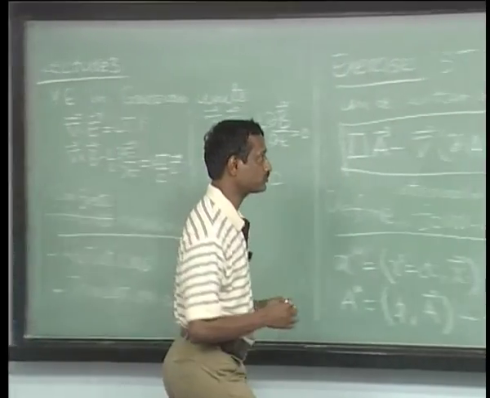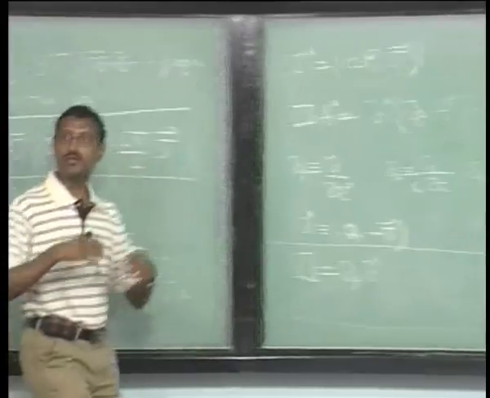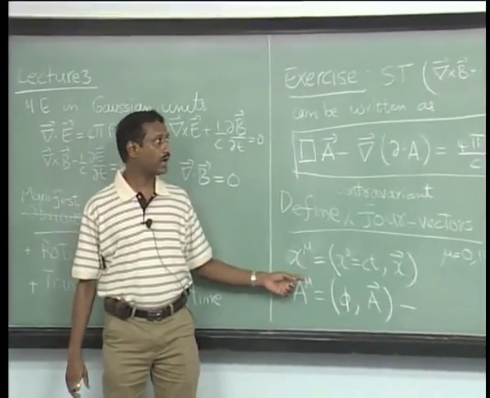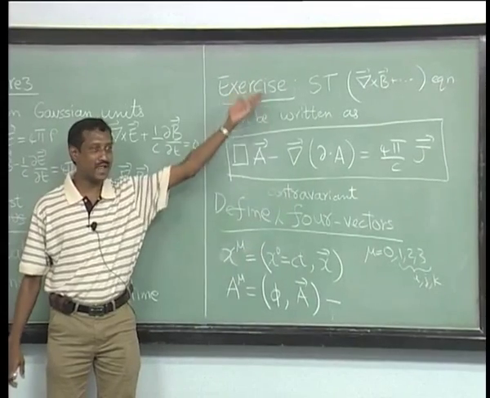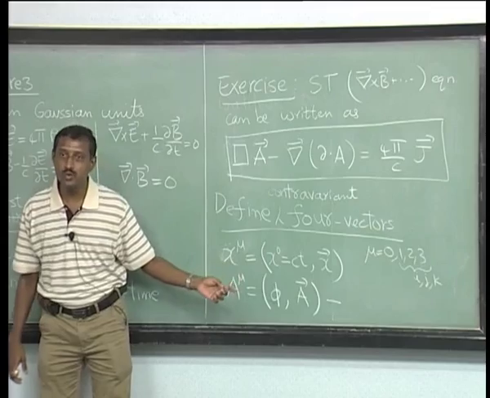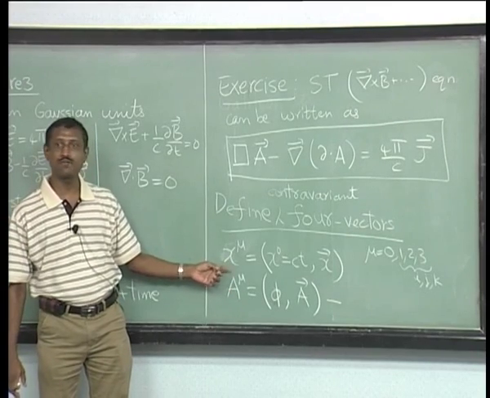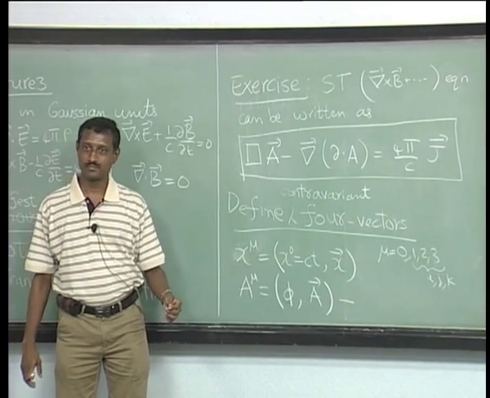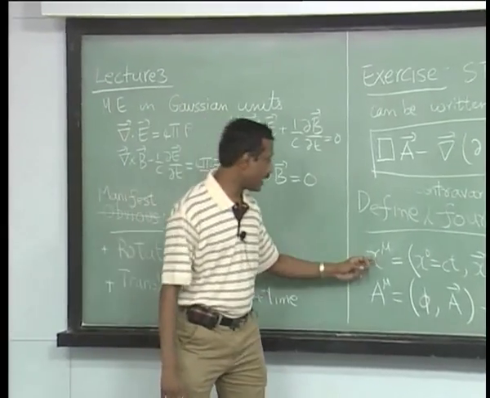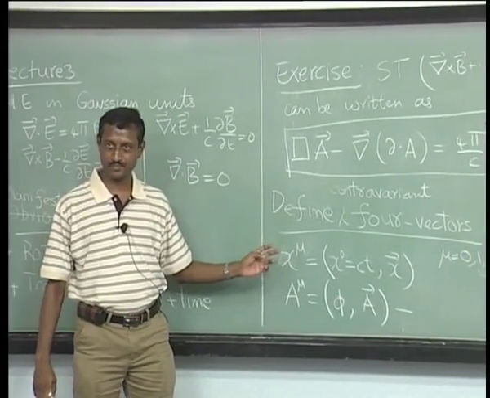But that is already done for you, I will explain how. x mu, I wrote out on this board where I just erased something, I had written out how x mu transformed under a Lorentz boost. We saw that if it was a boost in the x direction, the x and the t components mixed.